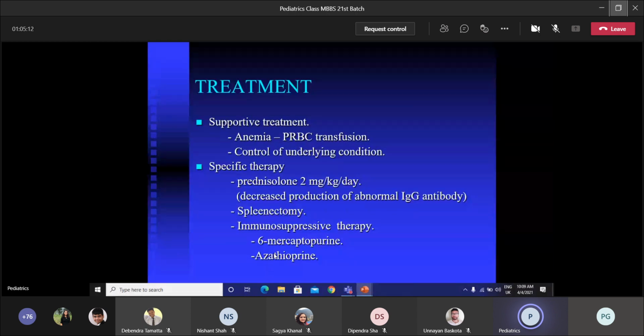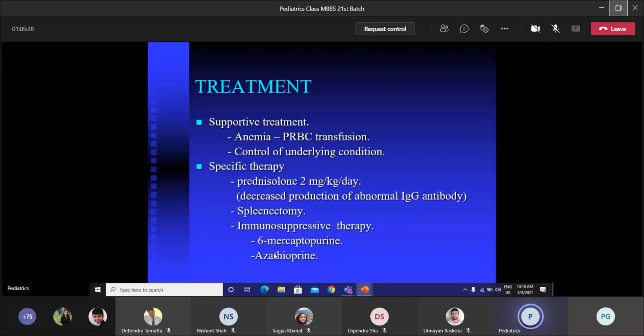It will help to decrease the production of abnormal IgG antibodies. So IgG antibodies will not be produced and will not attach to the red blood cell, and destruction of RBCs will be decreased or absent.